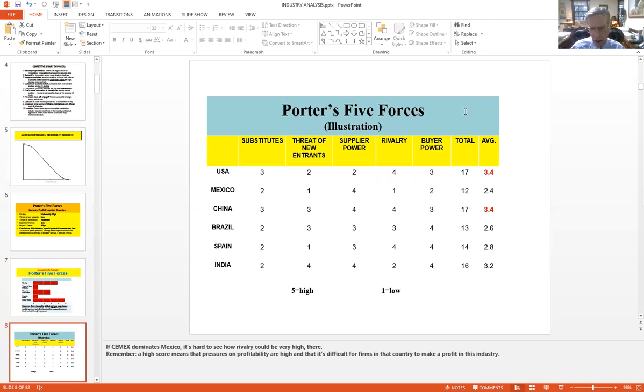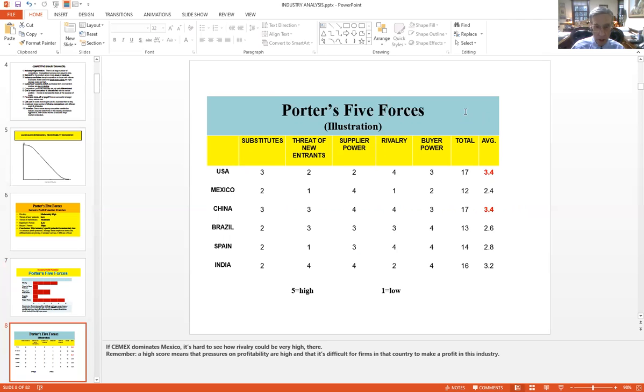This is a way that you can present the results in a table, and it's particularly useful for a couple of reasons. First, you can probably imagine that the highest score on this chart is a 5, and the lowest is rated 1. But what we can do with Porter's five forces is assess the profit potential of an industry in different countries or different geographic markets.